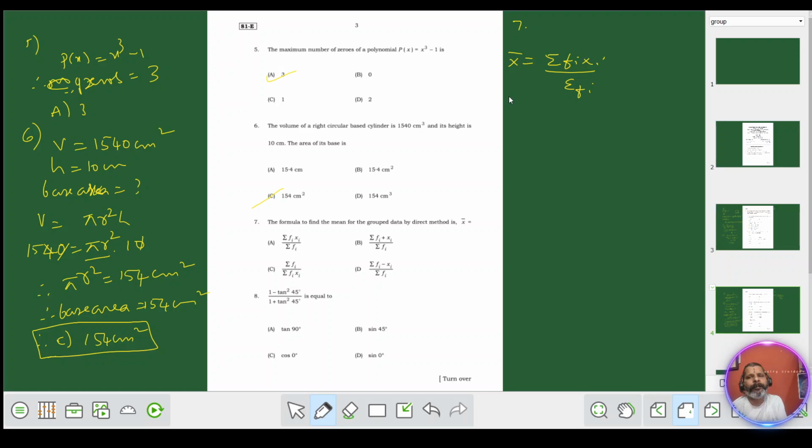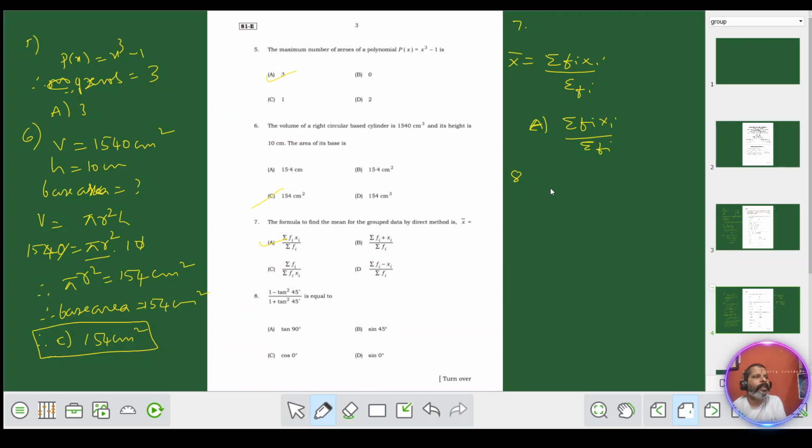That is A. See, one or two out of the first 16 questions will be formulas, so pay attention while you read the formulas. That is A, sigma fi xi by sigma fi.